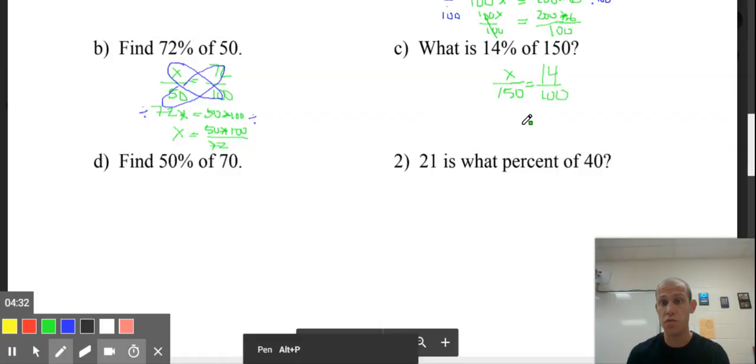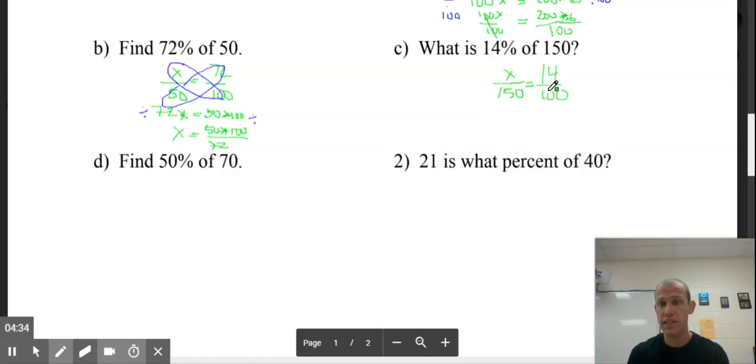I'm going to lose the blue ink, and I'm just going to write x times 100, or 100x, equals 14 times 150, and then I have to divide by the thing that is next to the x. So I'm going to have x equals, and I'm going to divide by that. And whatever that is, that's my value.